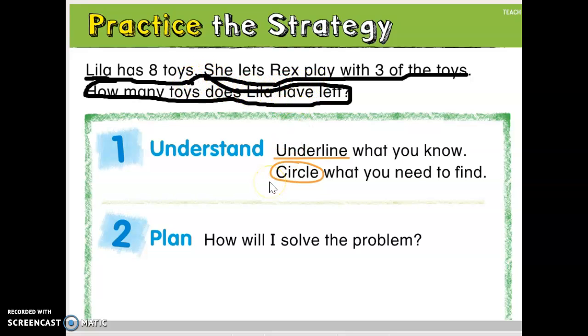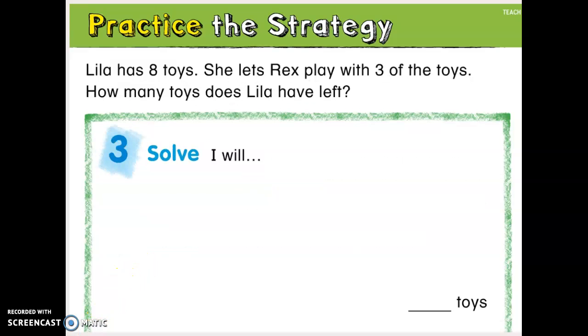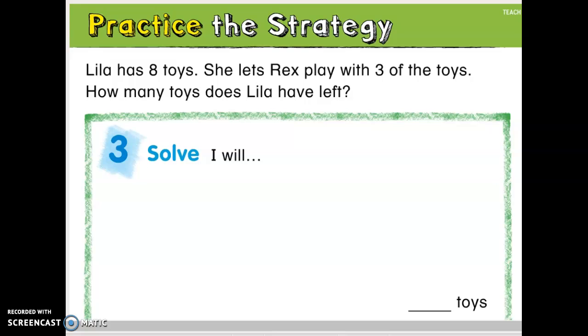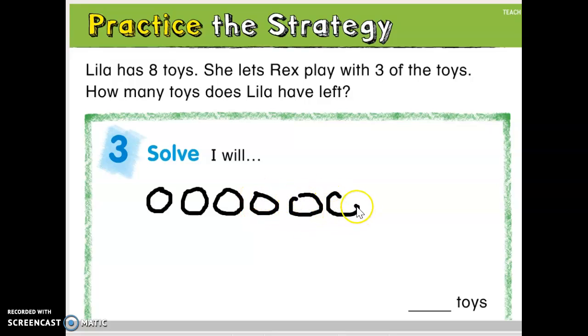All right, so how are we going to solve the problem? Okay, to solve it, I'm going to draw a picture. So we know that Lila has 8 toys, so I'm just going to use my writing tools to pretend that the toys are balls. So I'm going to make some balls right here because that's the easiest thing for me to draw. 1, 2, 3, 4, 5, 6, 7.